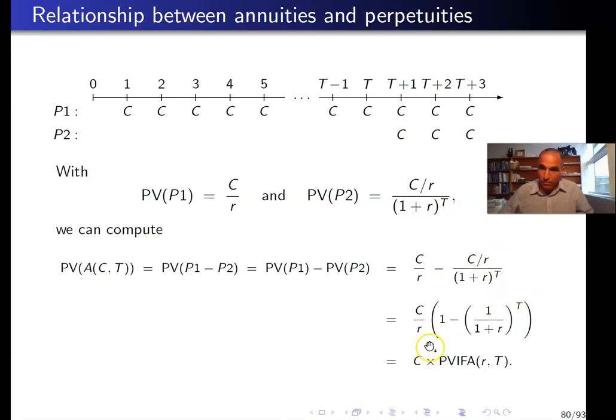And this brings us back to the present value equation we have obtained earlier in this course. Very good. So this is simply an alternative way to obtain the present value equation of a finite annuity by considering the combination of two perpetuities.